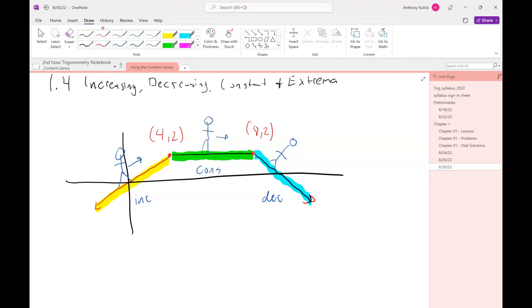So if I want the intervals where we are increasing, constant, and decreasing, I'm going to locate my increasing interval, which is the piece that is in yellow. And I'm going to locate the far left end of it, which is here.